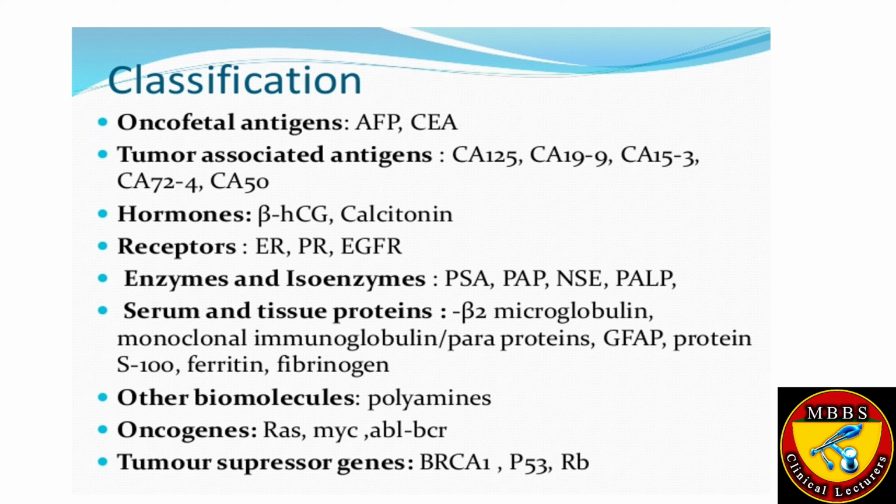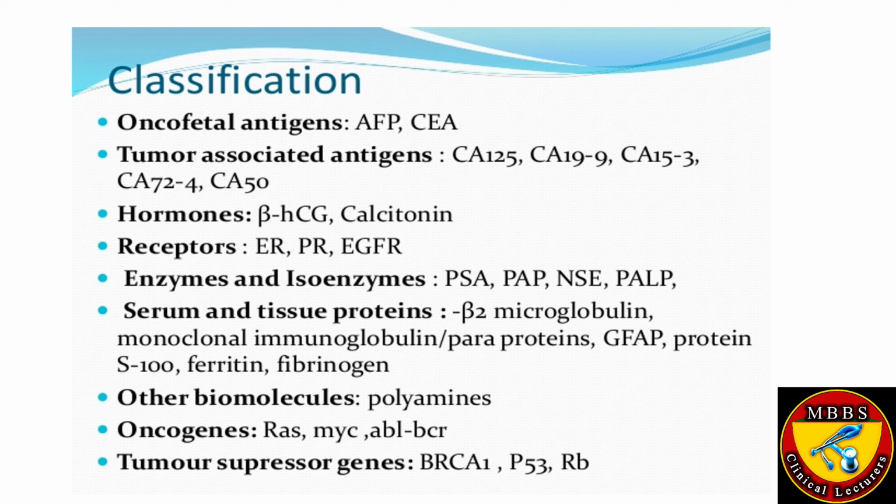Monoclonal immunoglobulins, paraproteins, and GFAP is a very important tumor marker in brain tumors. The protein S100 is a very important marker in some tumors, like soft tissue tumors, like schwannoma, or tumors arising from the meninges, and ferritin and fibrinogens are also serum or tissue protein markers.